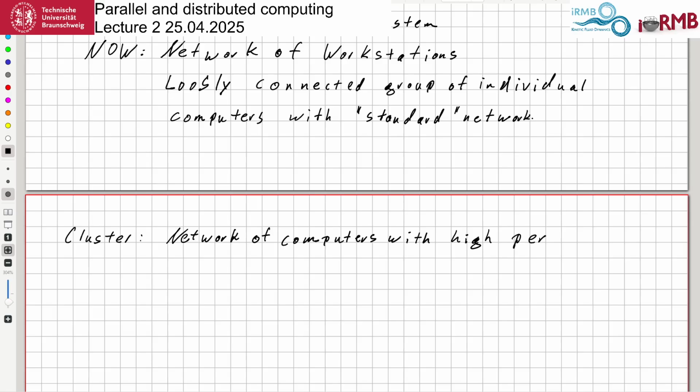And here there is an emphasis on high performance network.